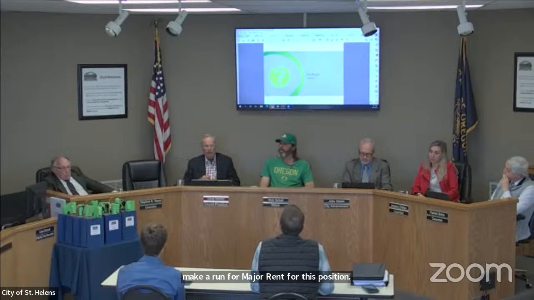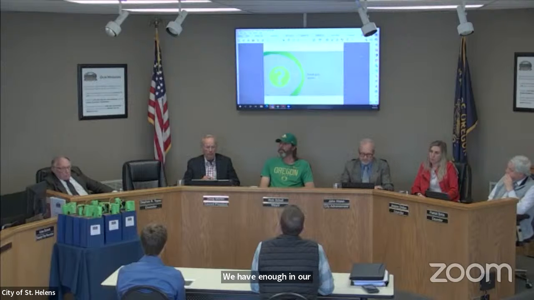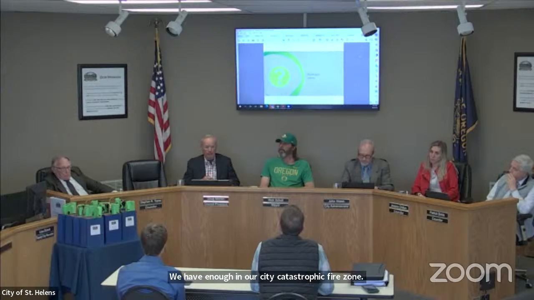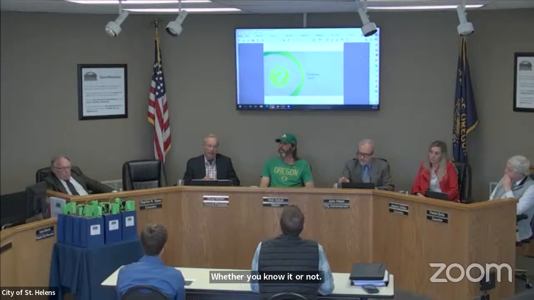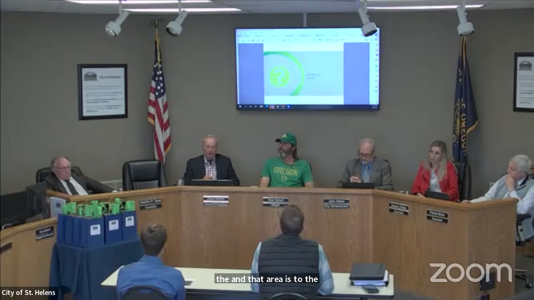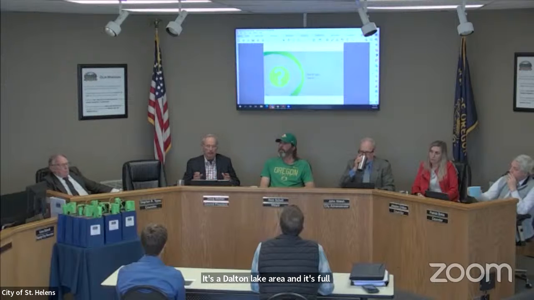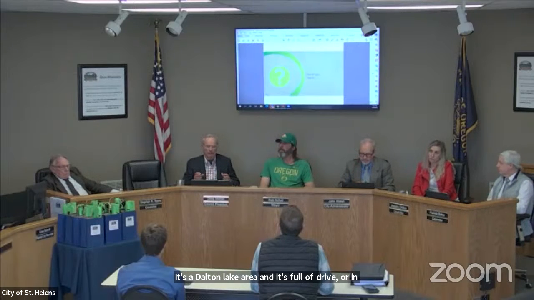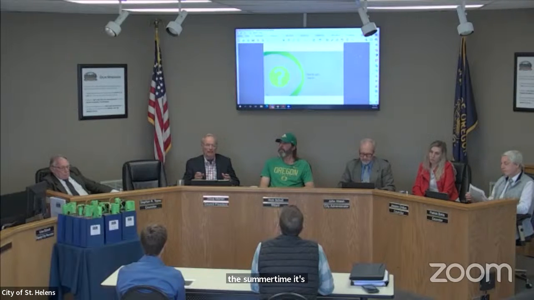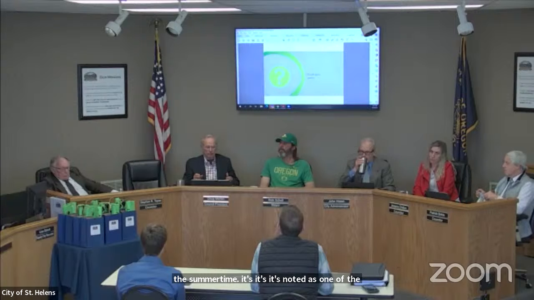We have in our city a catastrophic fire zone, whether you know it or not. It's a state fire marshal's outline, and that area is to the north. It's the Dalton Lake area, and it's full of dry brush in the summertime, and it's noted as one of the state's highest catastrophic fire zones.